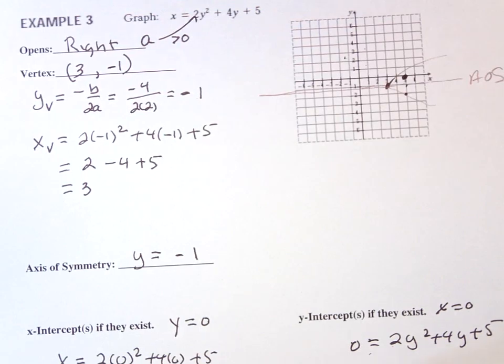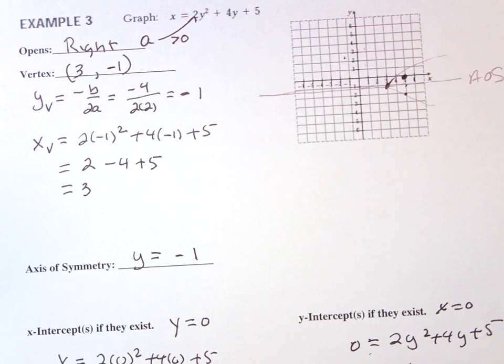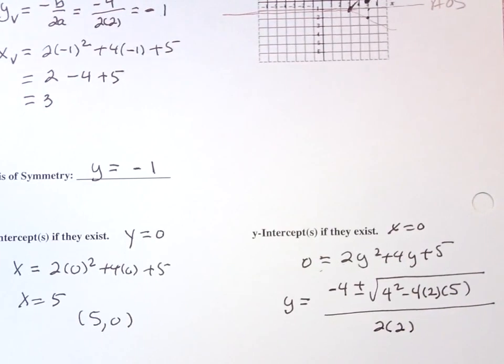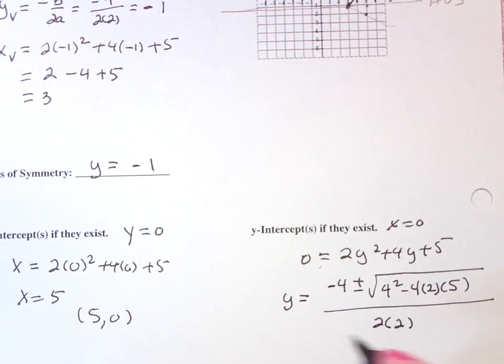And so it's y is equal to minus b plus or minus the square root of b squared minus 4 times a times c all over 2 times a. So yes, we can use the quadratic formula for this stuff, which is minus 4 plus or minus.